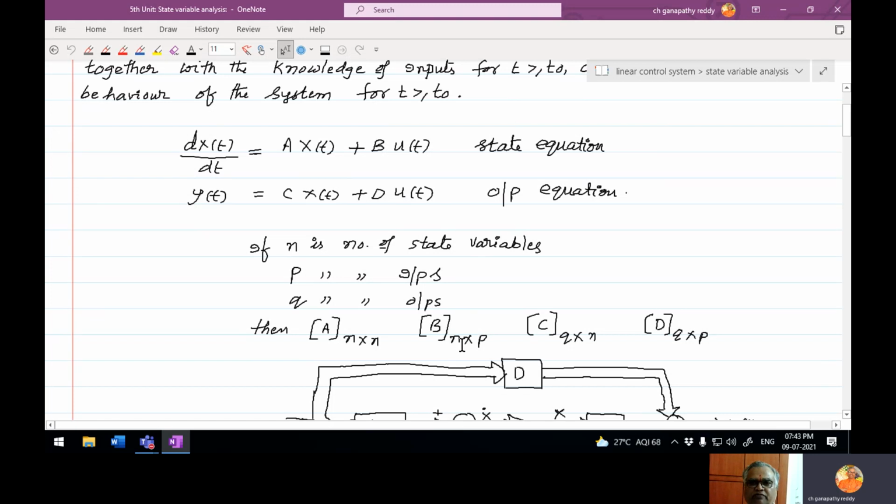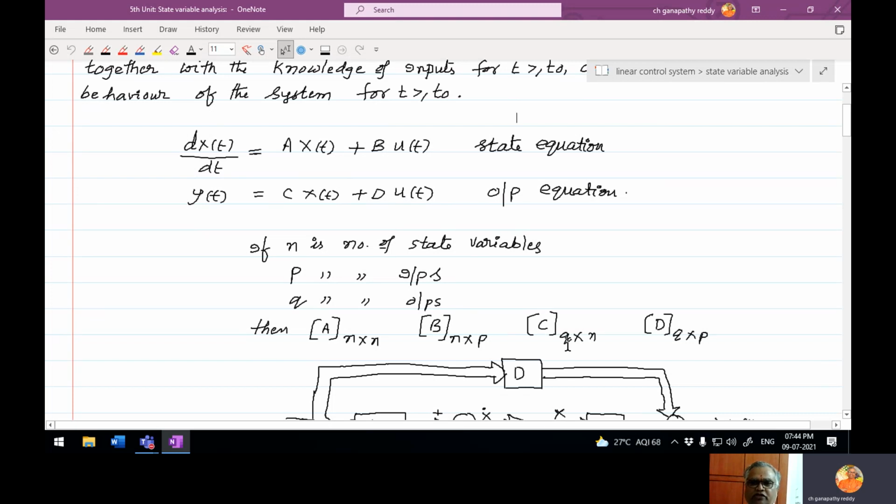Then C is based on the output equation. How many outputs are there? Q. So the size of C will be Q by n, because it multiplies x of t, that is x1, x2, x3, the n state variables.